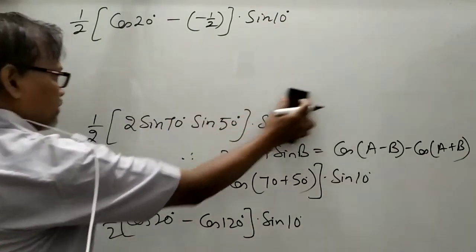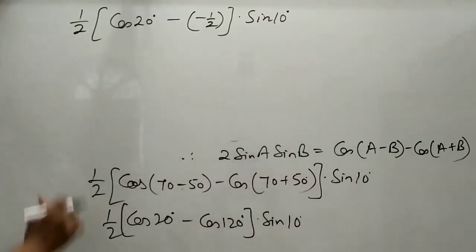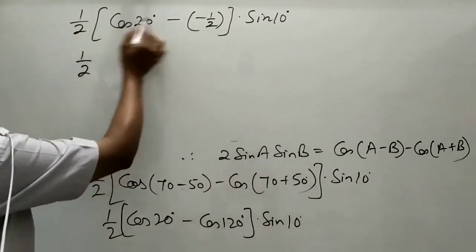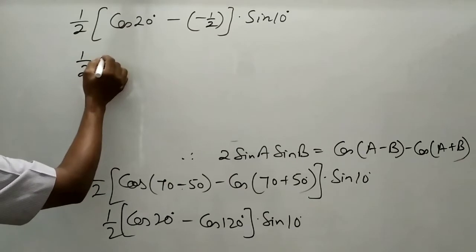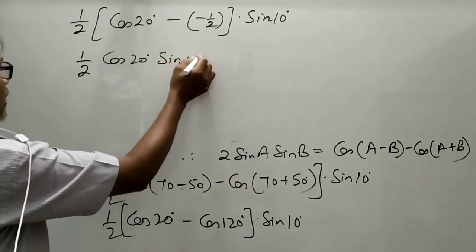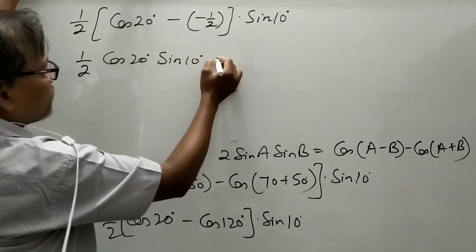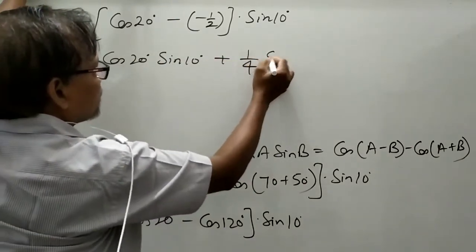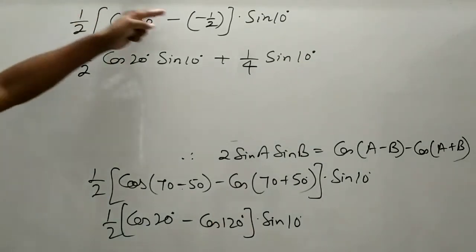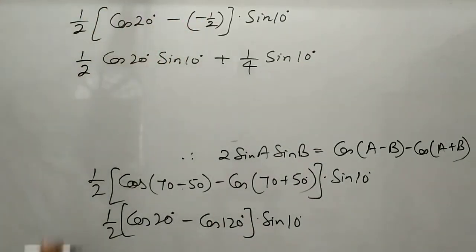And then this 1 by 2 and sine 10 you multiply in all. So 1 by 2 cos 20 sine 10, one bracket, minus minus plus 1 by 4 sine 10. Multiply this 1 by 2 here and sine 10 also.